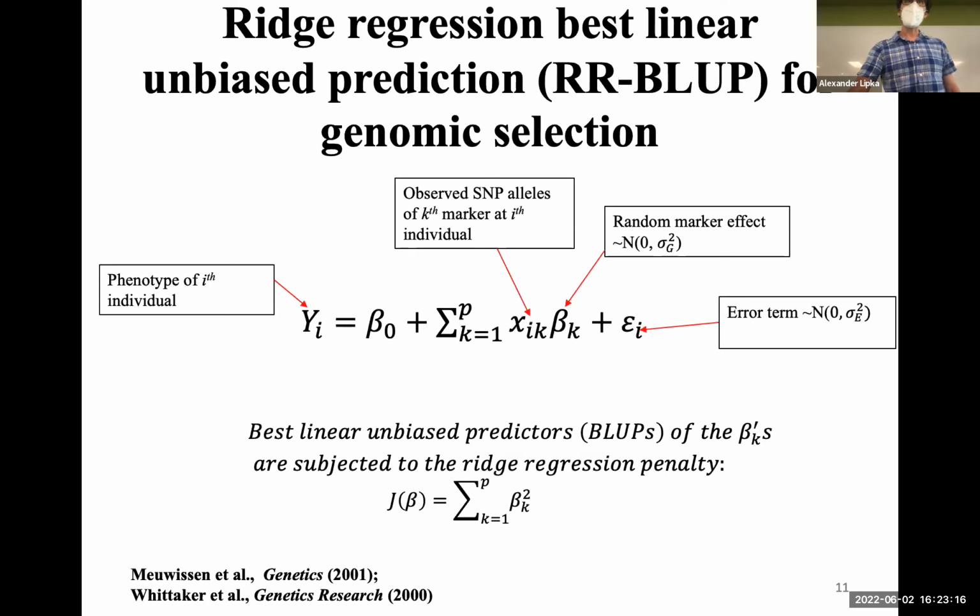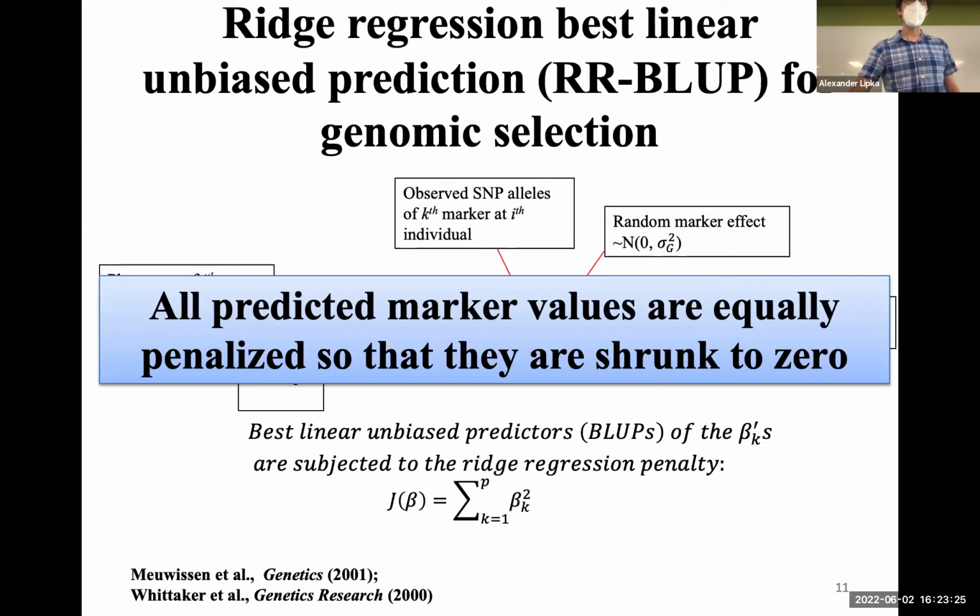Then we have our error term and our intercept. The BLUPs of the predicted marker effects are subjected to this ridge penalty. A thing to point out is that all predicted marker values are equally penalized so that they are shrunk to 0. So let's say we have 1 or 2 markers that are tagging a very large effect gene. They might be unfairly underestimating the effect of this large effect gene.